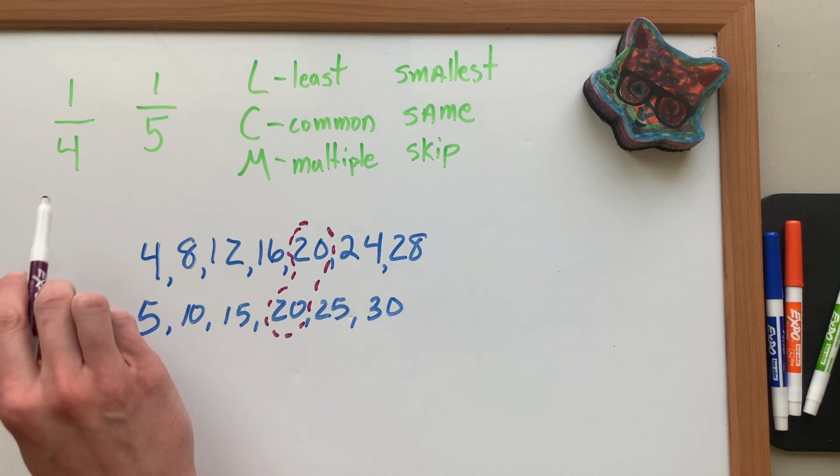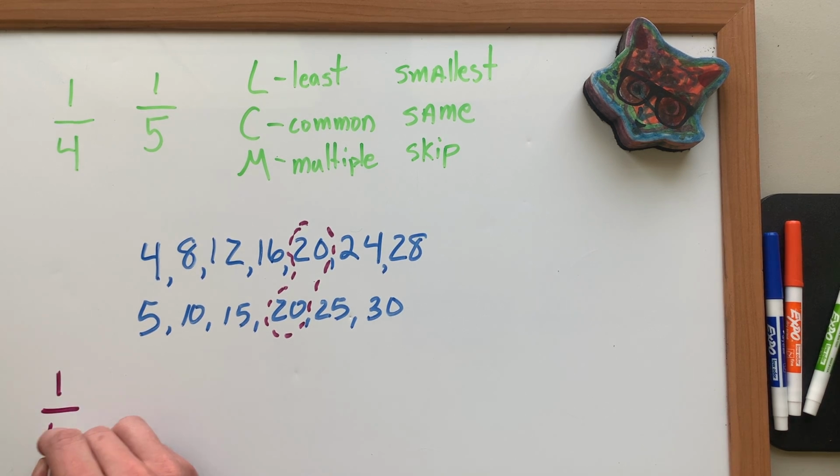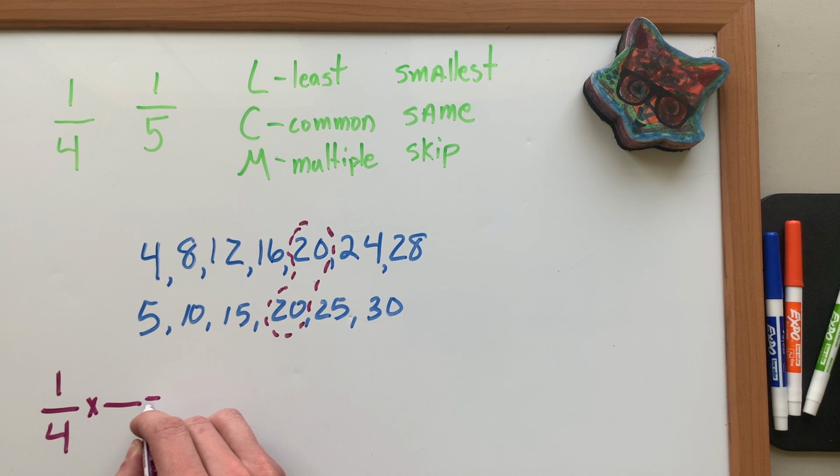Since 20 is the new denominator, we're going to take our fractions and convert them into a new fraction, an equivalent fraction, that has a denominator of 20. How are we going to do that? We're going to take our fraction and multiply by a special 1. And here's how we find the special 1. 4 multiplied by something equals 20.